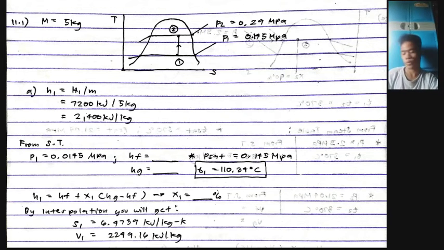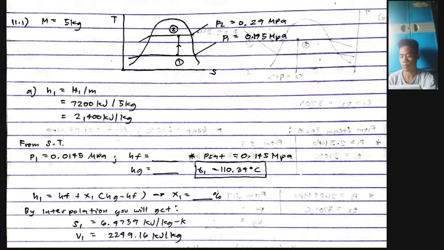So, our solution for that, for letter A, h1 equals H1 over m. And by substituting it, h1 equals 7,200 kilojoule over 3 kilogram, and by calculating it, h1 equals 2,400 kilojoules per kilogram.